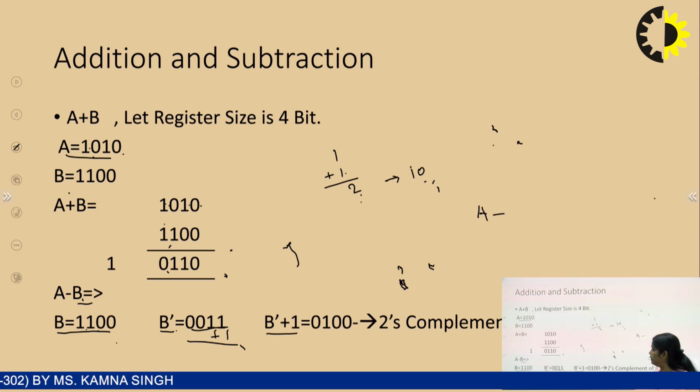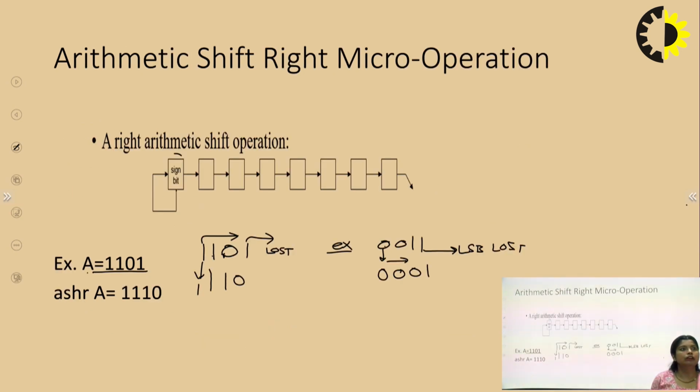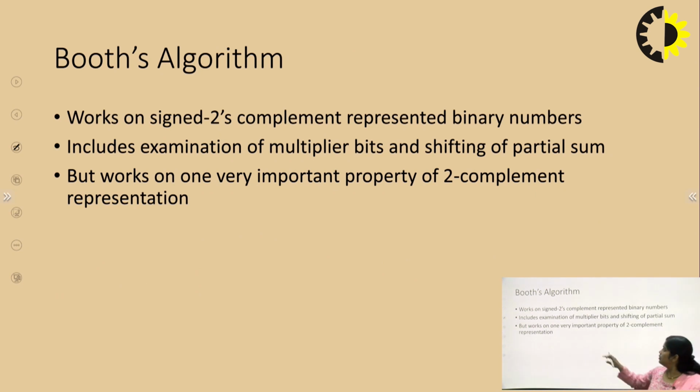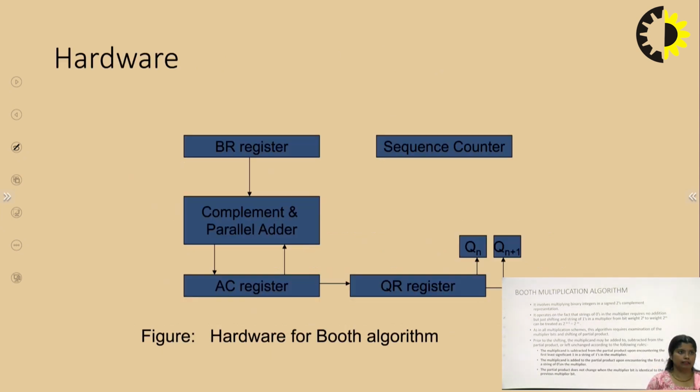No other method is used for negative integer representation. So in the Booth algorithm, we use the 2's complement representation. Next, the Booth algorithm is used for the multiplication method, and it is useful for both signed and unsigned numbers.